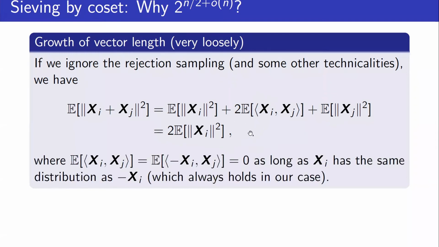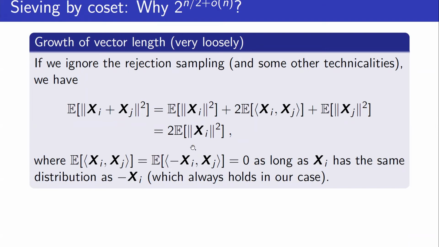Because this term is going to go away simply because xi is distributed the same as minus xi. So the expectation of this is the same as the expectation of minus xi dot xj, which has to be 0. So in this sense, in one step, the squared norm grows by a factor of 2.